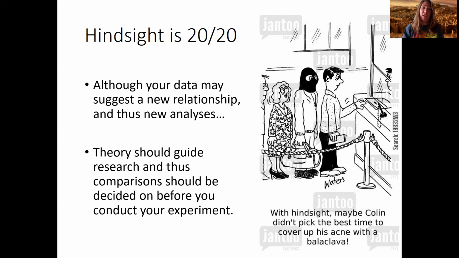you need to be careful. Your theory, whatever your a priori hypothesis is, is what should drive what tests you use on your data. So when we're about to talk about post hoc tests, they should already be planned. They're planned comparisons. These are things that you plan based on your a priori prediction. A post hoc test is a test you've done after the fact.